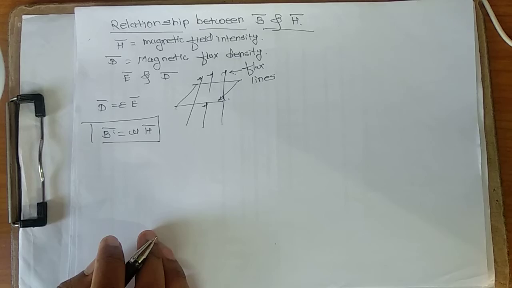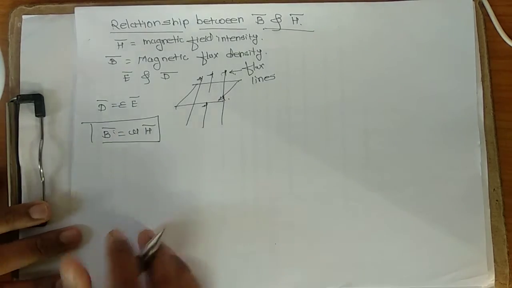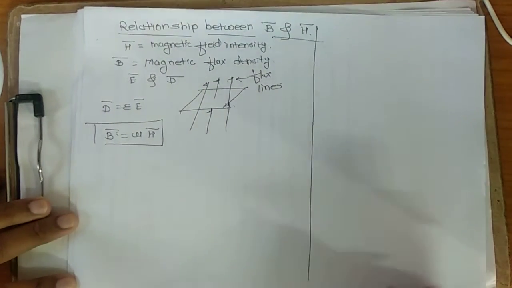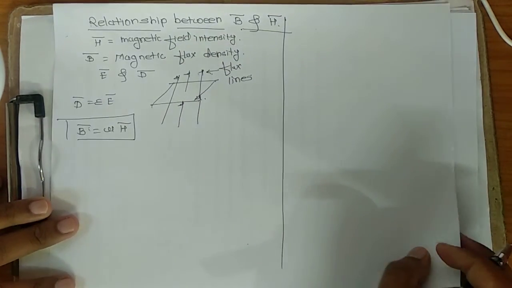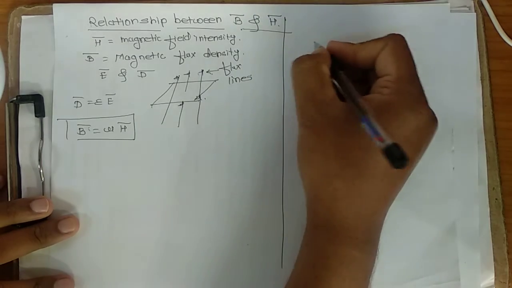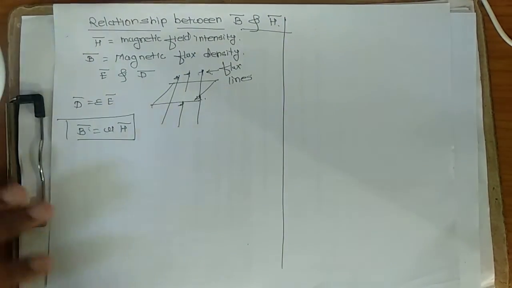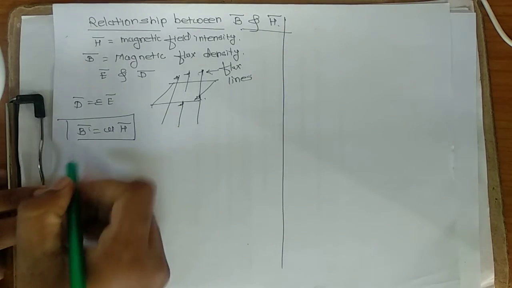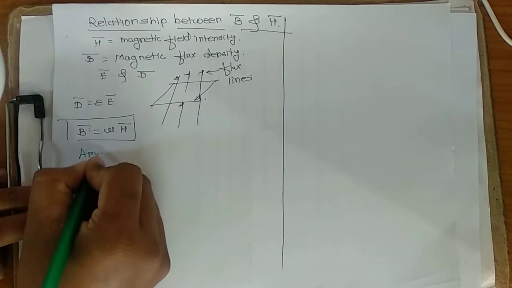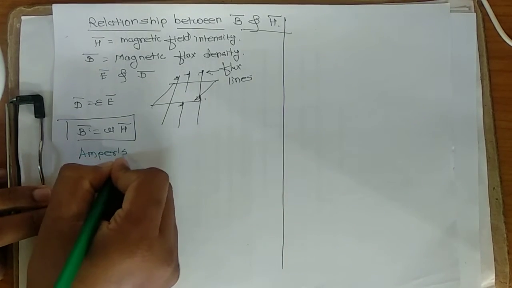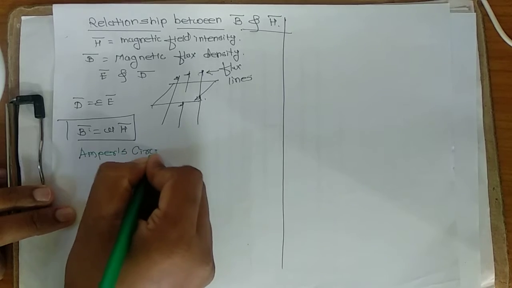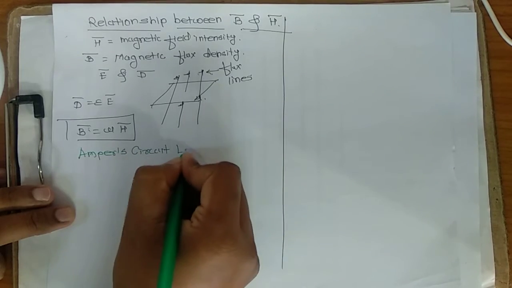Before that we have to move on to the next very important part, that is Ampere's circuit law. This is a very important law for magnetic field.